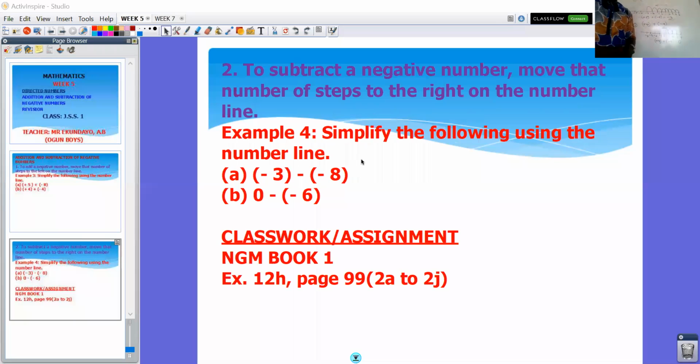Let's write number 2. Number 2, to subtract a negative number, comma, move that number of steps to the right on the number line.